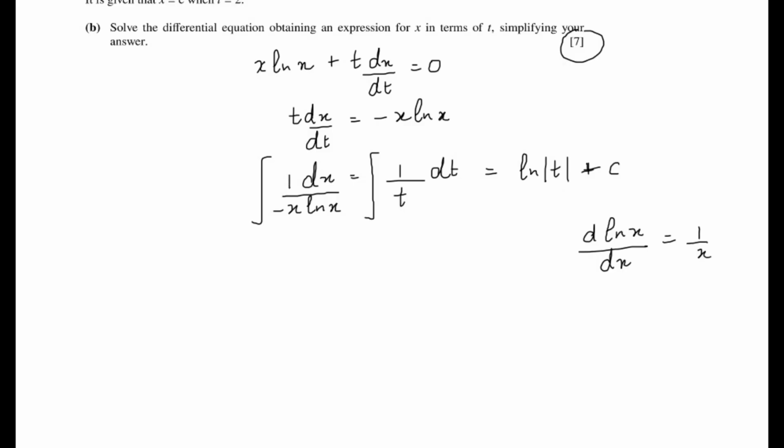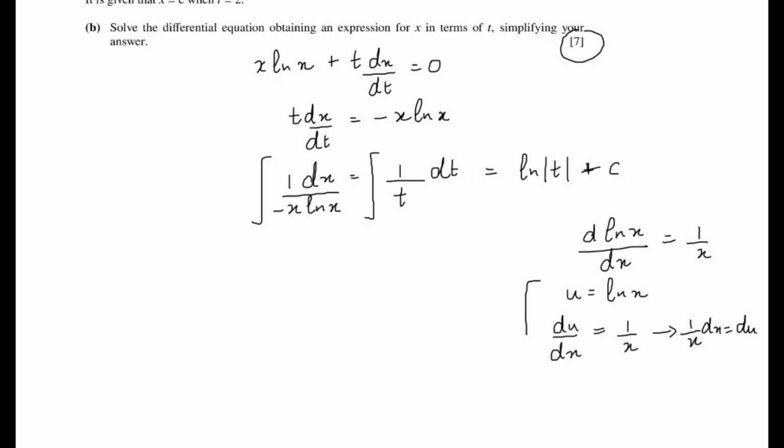So I'm going to go with substitution. I'm going to take u is equal to log x. And with substitution, you have to immediately differentiate as well. So du by dx is 1 by x, and this implies that 1 by x dx can be replaced with du.